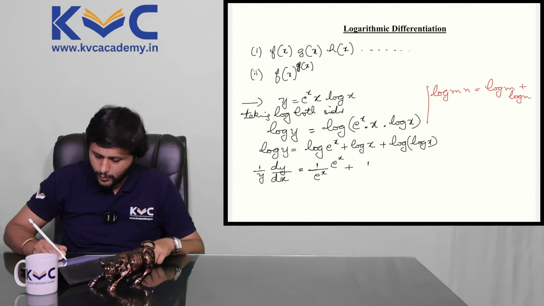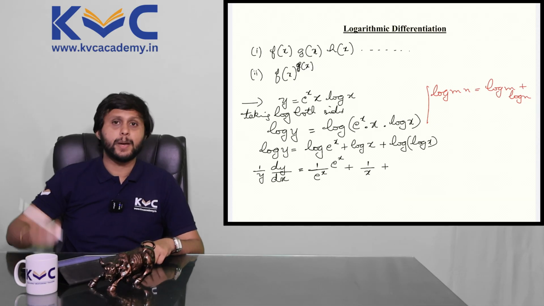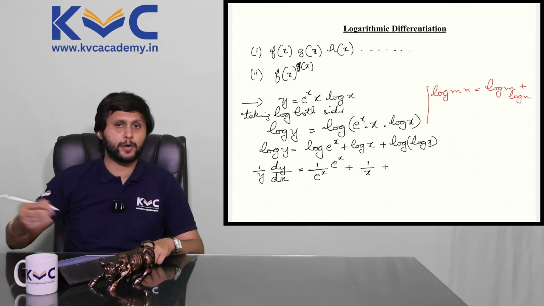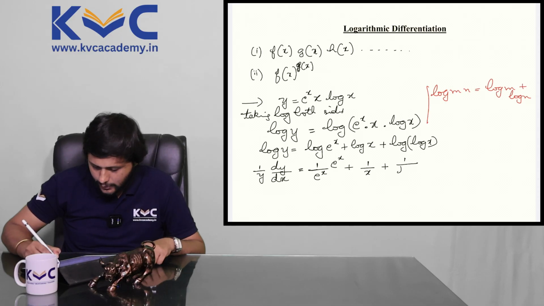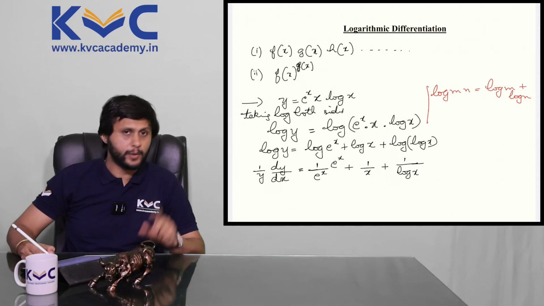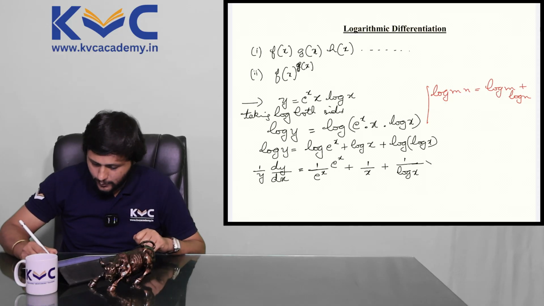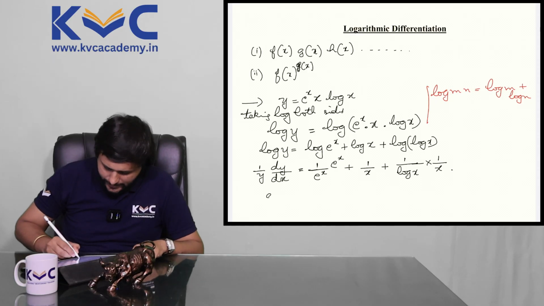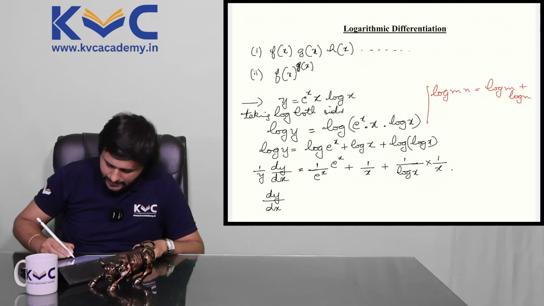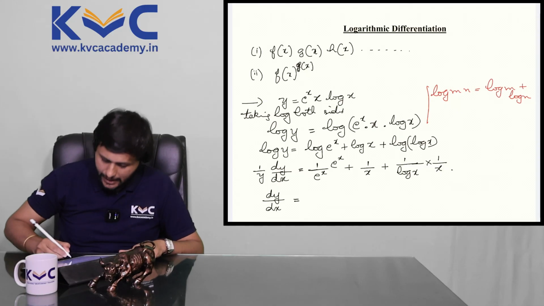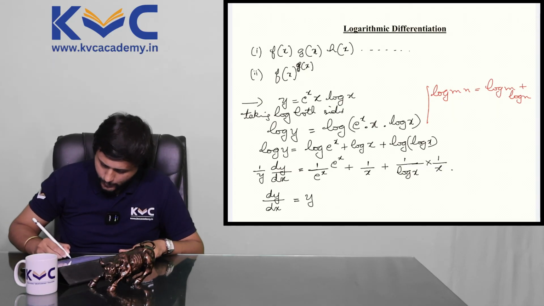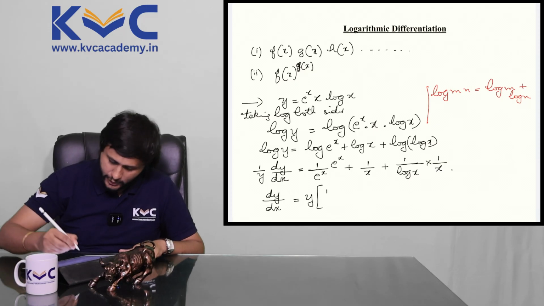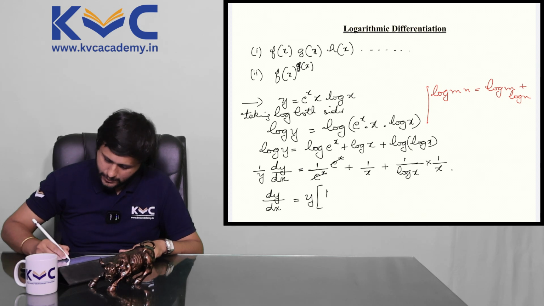Differentiation of log of something is 1 by log x, now we have to use the chain rule, and differentiation of log x is 1 by x. We want only dy by dx, so we get dy by dx equal to, take y to the other side, so y into 1 by e to the power x, and e to the power x cancels, so we just get 1. Okay.